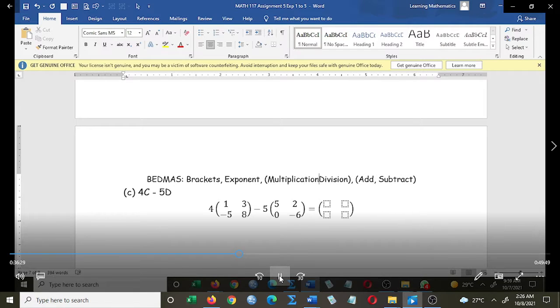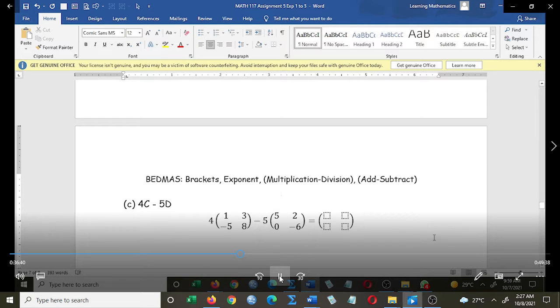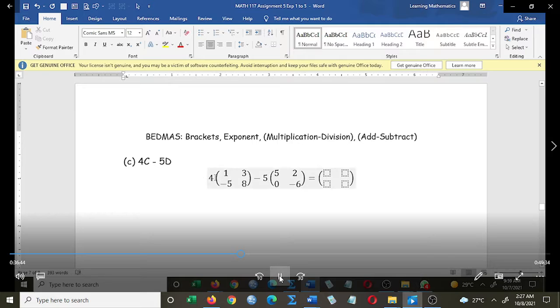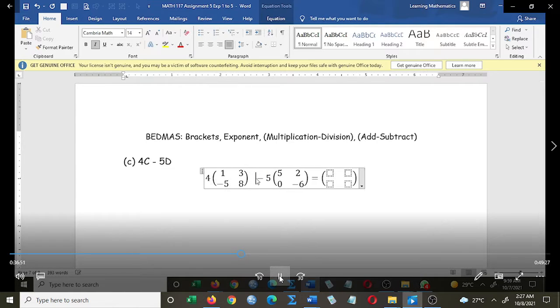You'll have heard of BEMDAS already, or BEDMAS. You must multiply before you add. You must multiply before you subtract. This is a multiply that's going on there. This is a subtraction. If you want to separate them, that's a multiply, that's a subtraction.